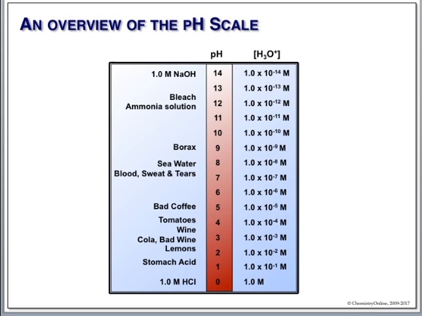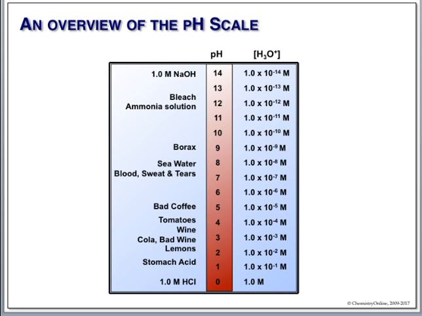Blood, sweat, and tears, slightly on the alkaline side, about 7.2, 7.4. So in here somewhere. Seawater is a little more, about 8. Bleach, I'm sure everyone's used bleach, sodium hypochlorite, is a little over 12. Really, really strong.